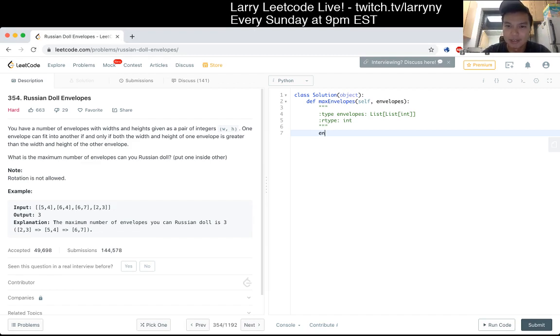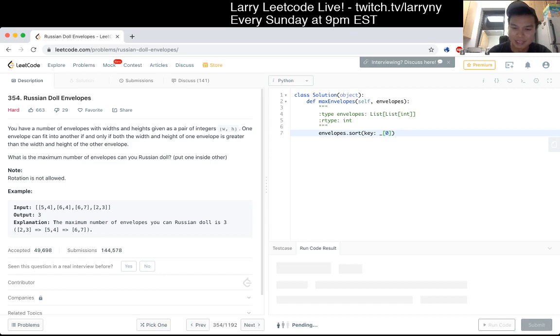Okay, now first we want to sort the envelopes just to make things a little easier. Something like that. Does that work?